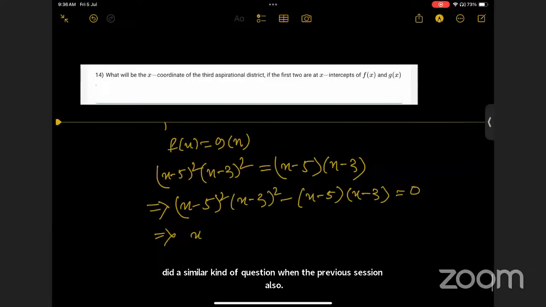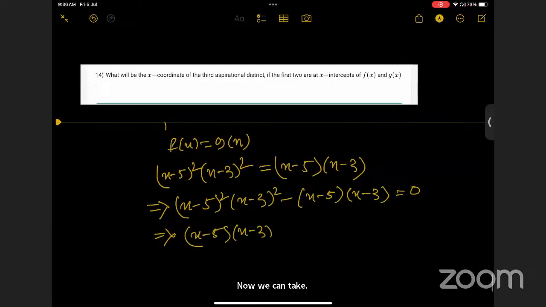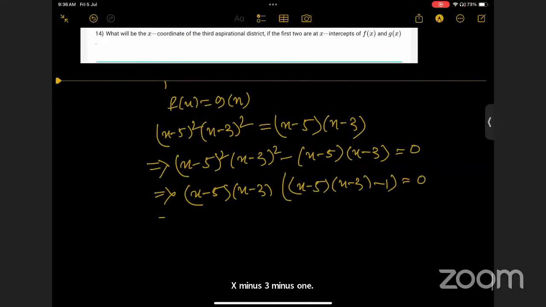Now we can take x minus 5 and x minus 3 as common. Then it will be x minus 5 times x minus 3 times the quantity x minus 5 times x minus 3 minus 1 equals 0. So it will be x squared minus 2x.